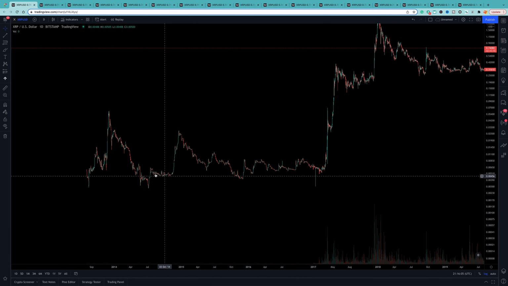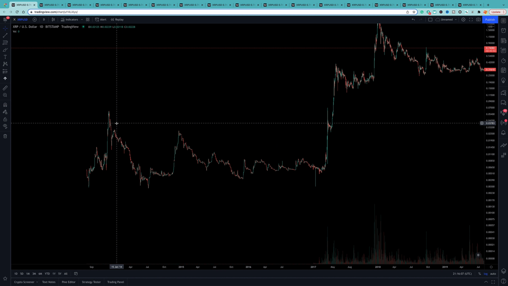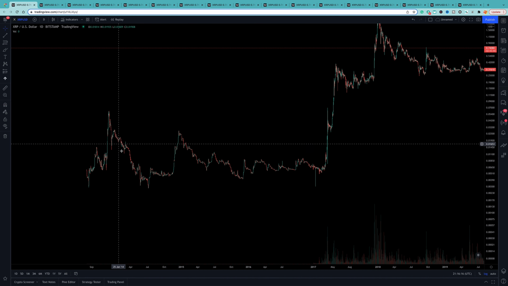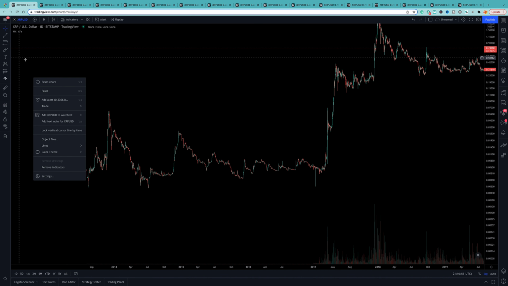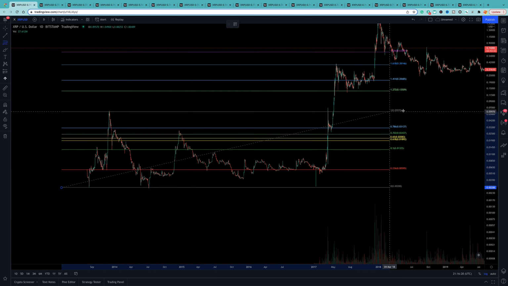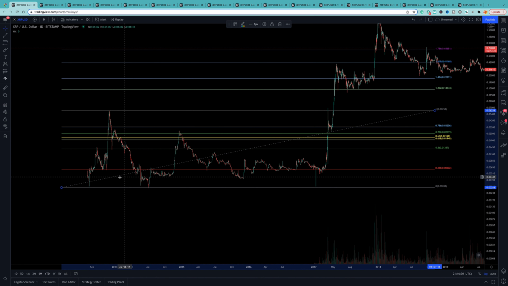And normally, with an arc, you would look at the previous arc, the peak of this one, and you'd simply put the fib on it here, from the bottom to the top. So from here to here.